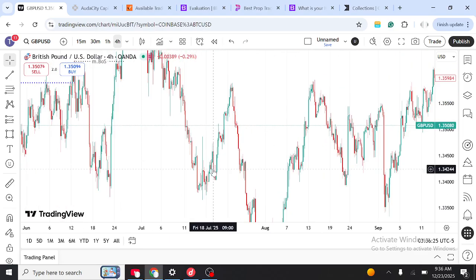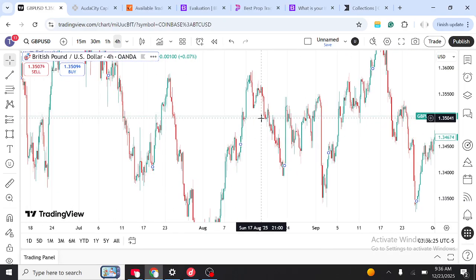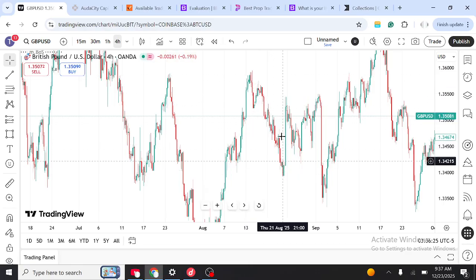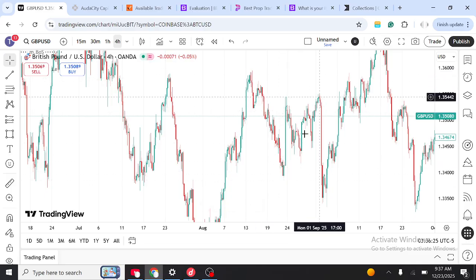So it is also the same with the type B. That was type A. So for type B, we can see that price was pushing. We are in an uptrend. Price pushes down to push to the upside. But this here created a setup.